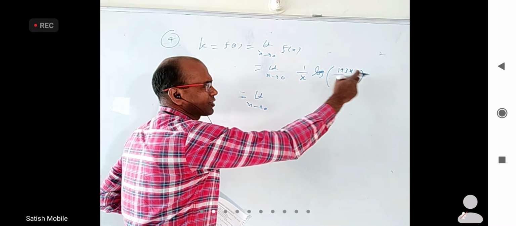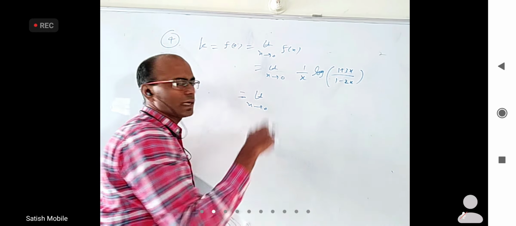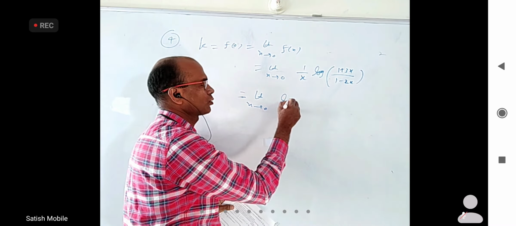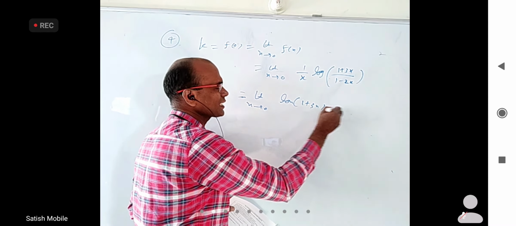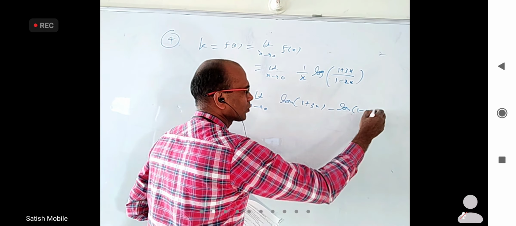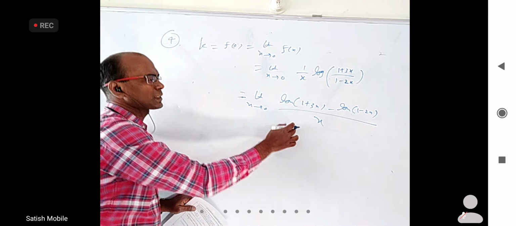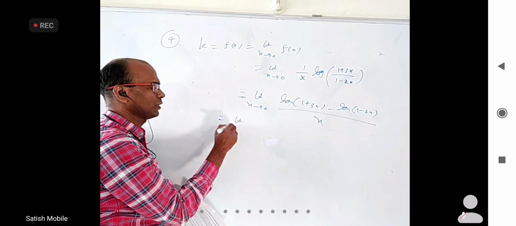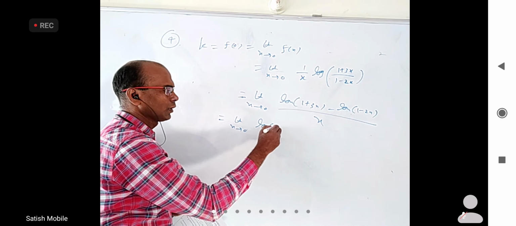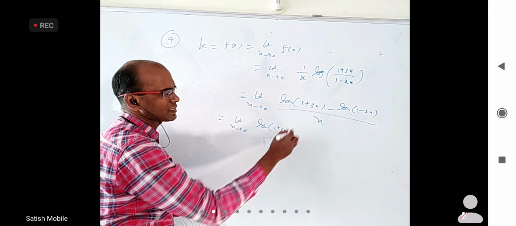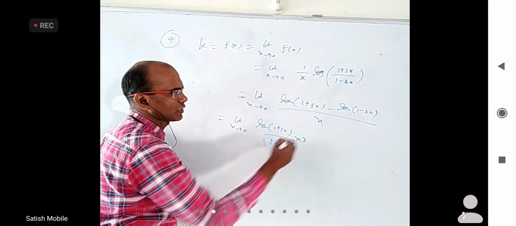I can add 1, subtract 1 here, or I can write log a by b as log a minus log b. Let me show you how to do this. Log of 1 plus 3x minus log of 1 minus 2x, by x. When I take this by this separately, limit as x tends to 0, log 1 plus 3x by x, I am going to write as by 3x into 3.